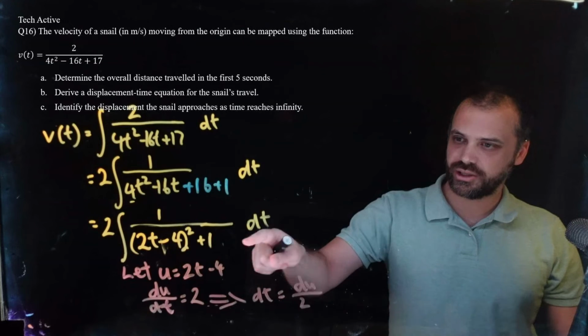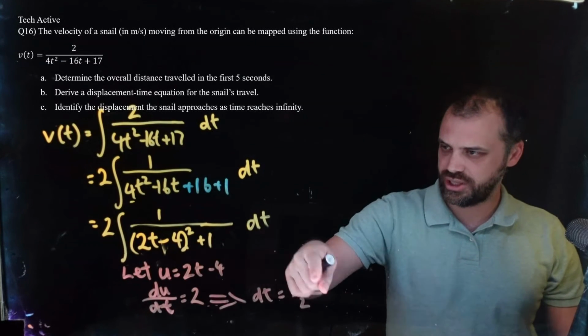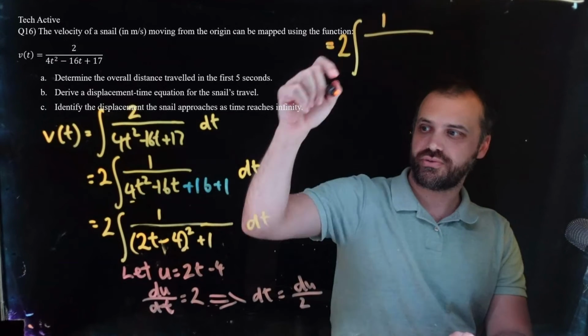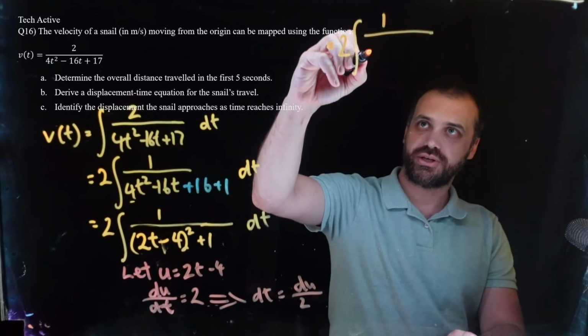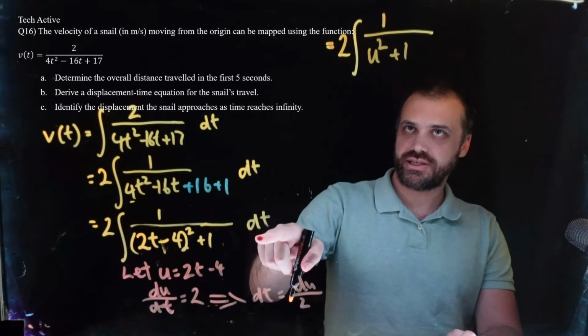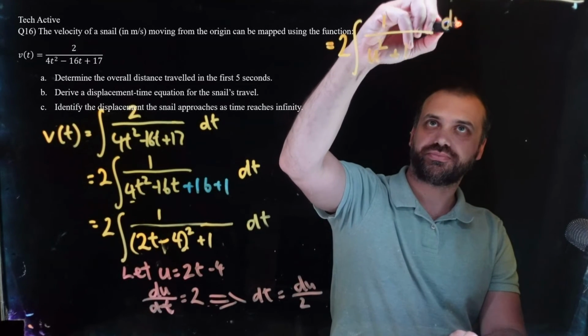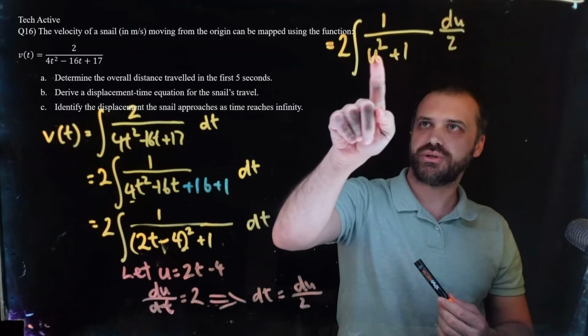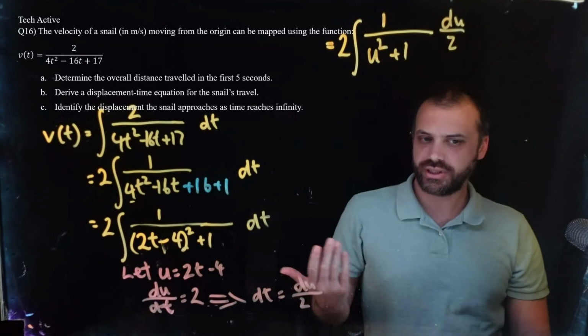So now I can put all of this in here. It equals 2 times the integral of 1 over u squared plus 1, and then that dt is going to be du over 2. And that 2 and that 2 can cancel each other out.